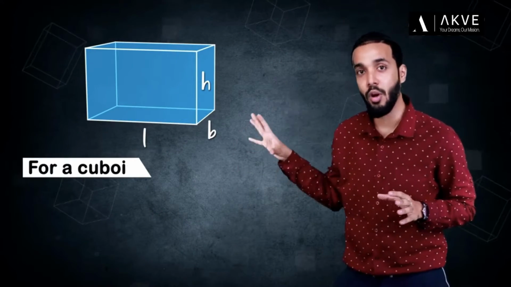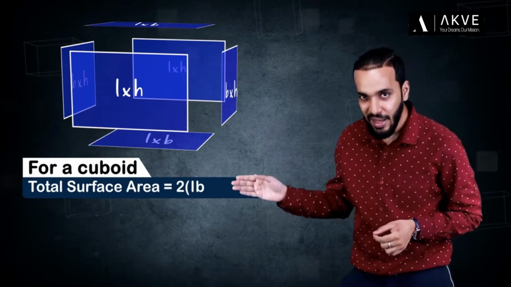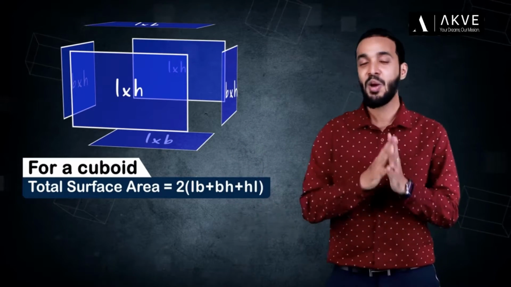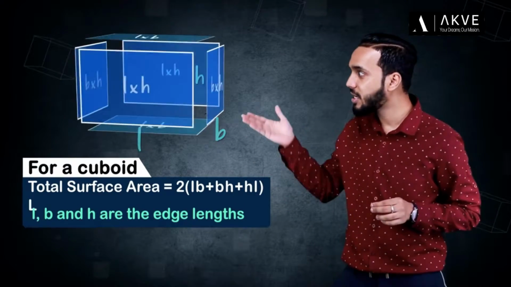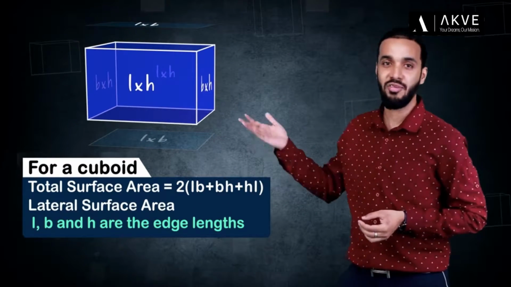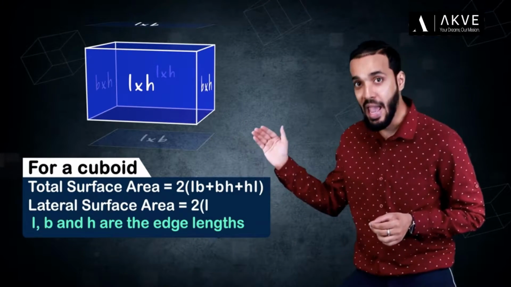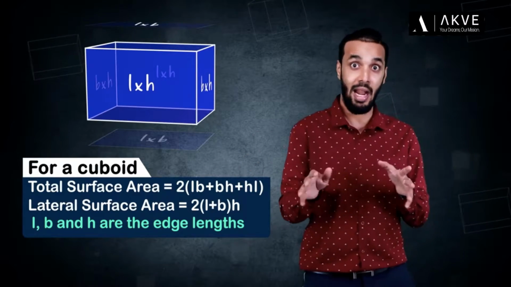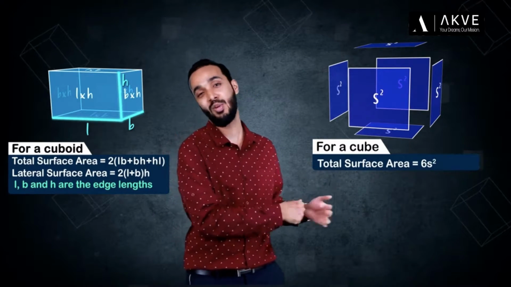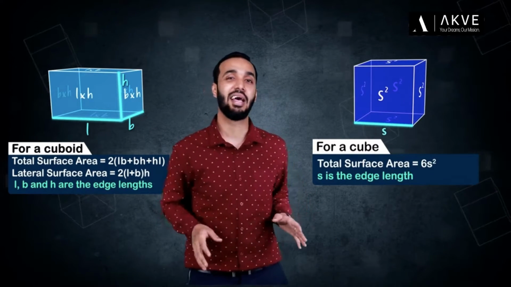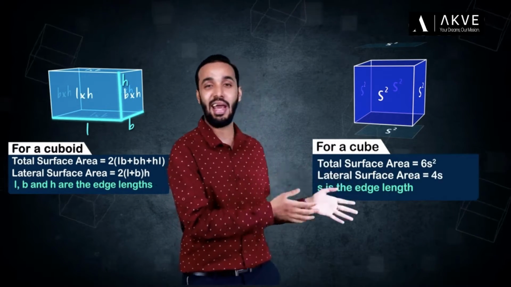For a cuboid, the total surface area is calculated using 2 into (LB plus BH plus HL), where L, B and H are just the three different edge lengths, and its lateral surface area, which is the area of the faces excluding the top and the bottom, is calculated using 2 into (L plus B) into H. And for a cube, its total surface area is calculated using 6S squared, where S is the edge length of the cube, and its lateral surface area is calculated using 4S squared.